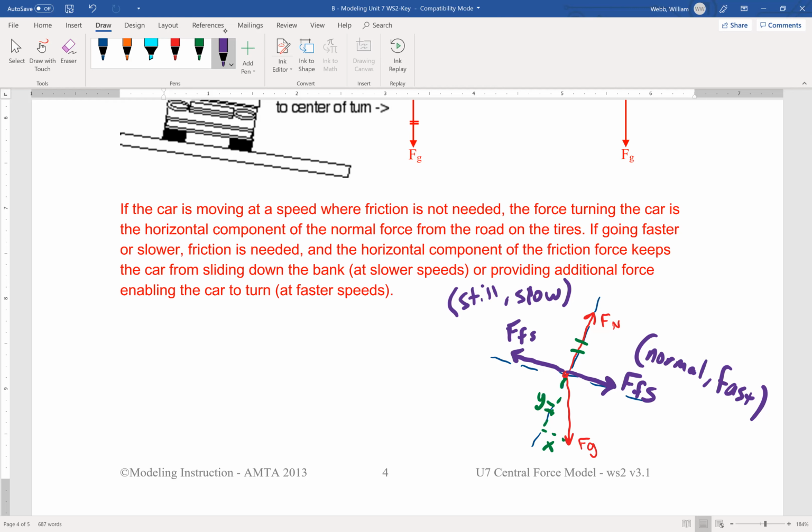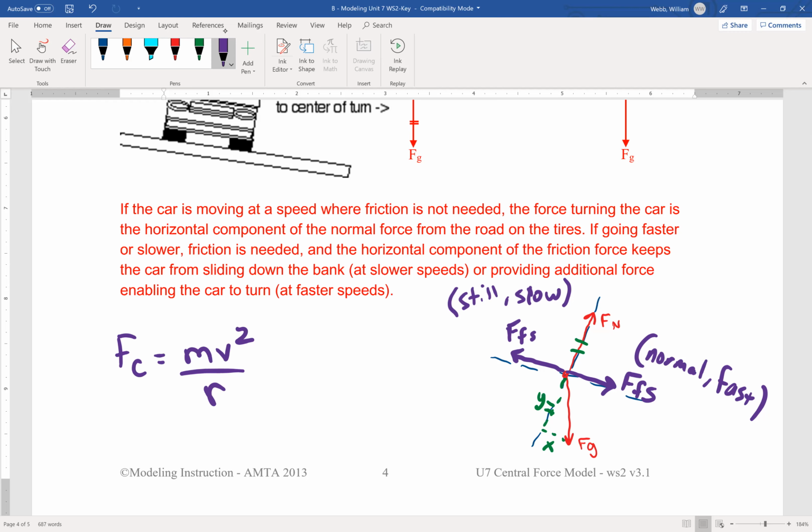The two most common that I've seen are, what is the friction force if it's traveling at a certain speed? So you would use, remember, our centripetal force equation is mv squared over r. So if you know the speed and you know the mass of the car and you know the radius of the curve, you can find the centripetal force.